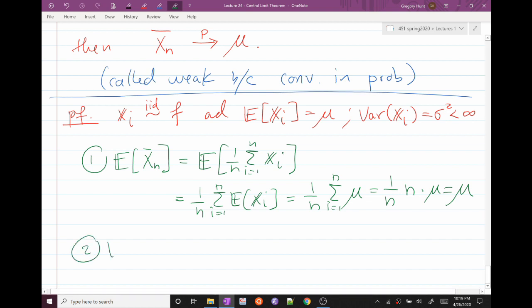We can also look at the variance of x n bar. This is the variance of 1 over n, sum from i equals 1 to n, of x sub i.